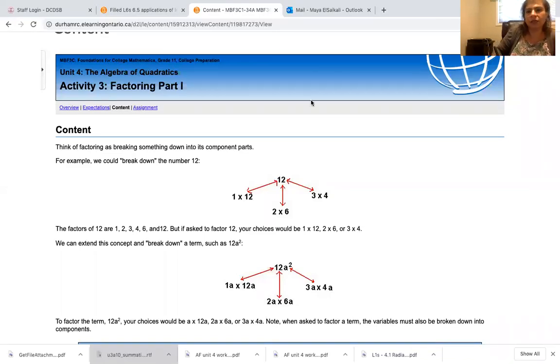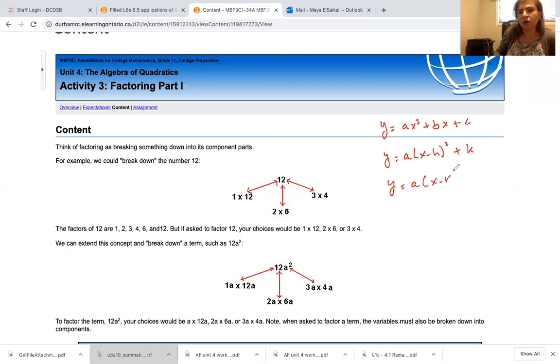You have the standard form, y equals ax squared plus bx plus c. Then we have the vertex form, y equals a(x minus h) squared plus k. And then we have the factored form, y equals (x minus r)(x minus s), or whatever letters you want there.